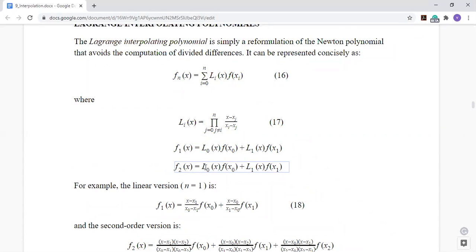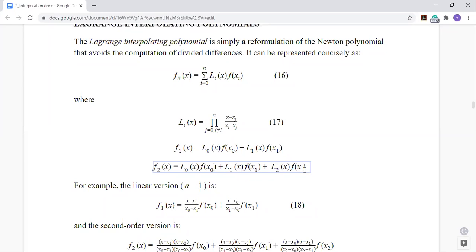It's going to be L0 of x multiplied by f of x0, plus L1 of x times f of x1, plus the last one, which is going to be L2 of x times f of x2.